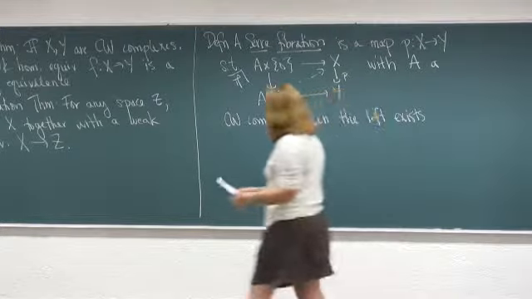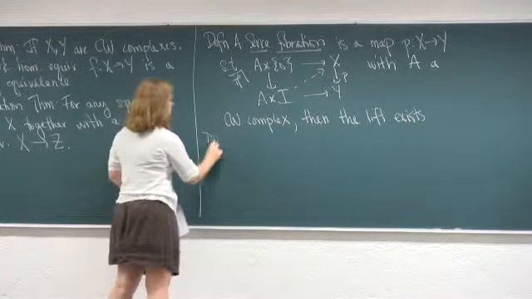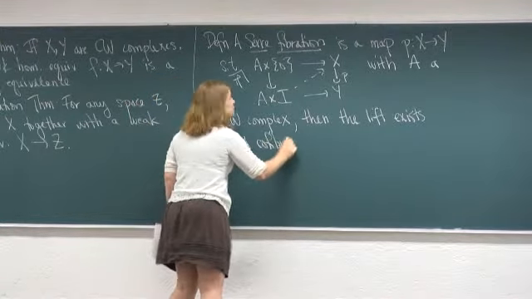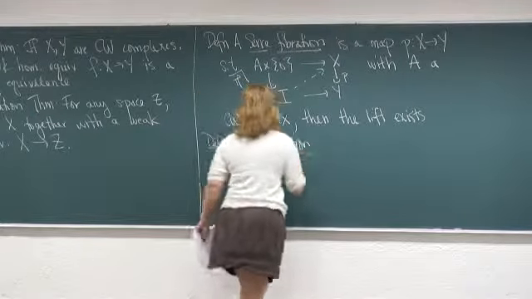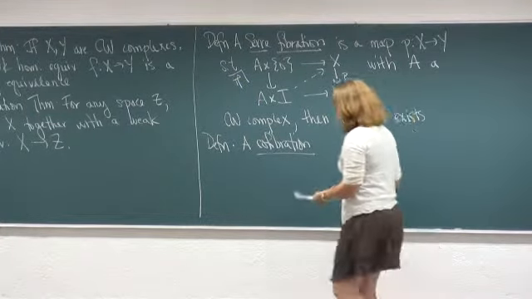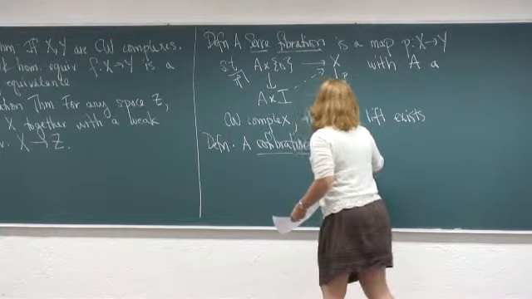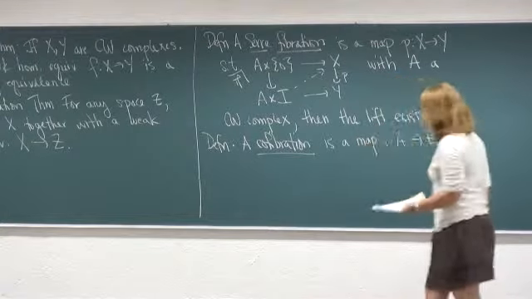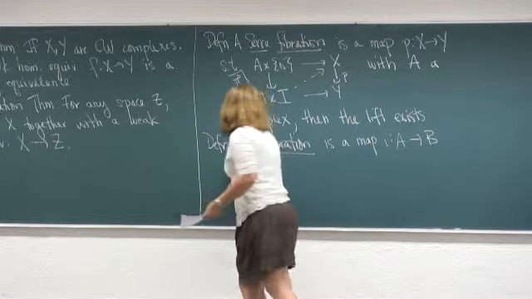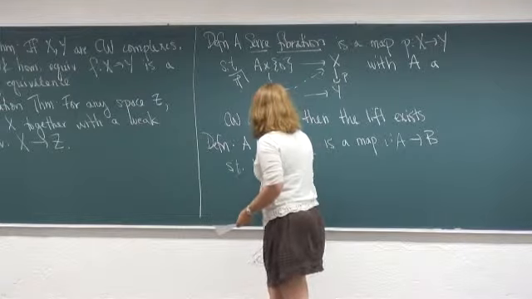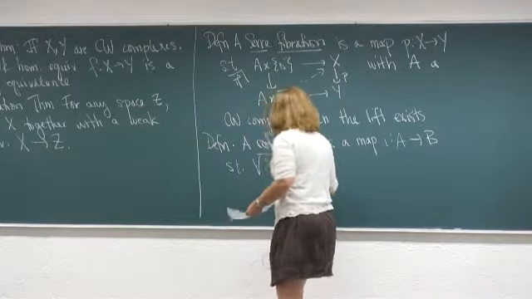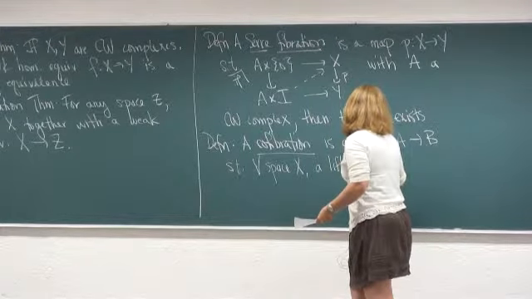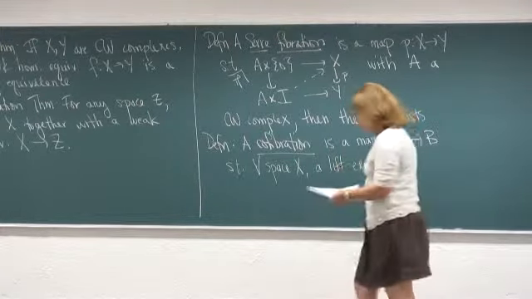Okay, and then we have the dual notion of a cofibration. There are different ways to define this. I'm going to define it so that it actually looks dual to our definition of Serre fibration. So this is a map i between spaces A and B such that for any space X, a lift exists in the diagram.